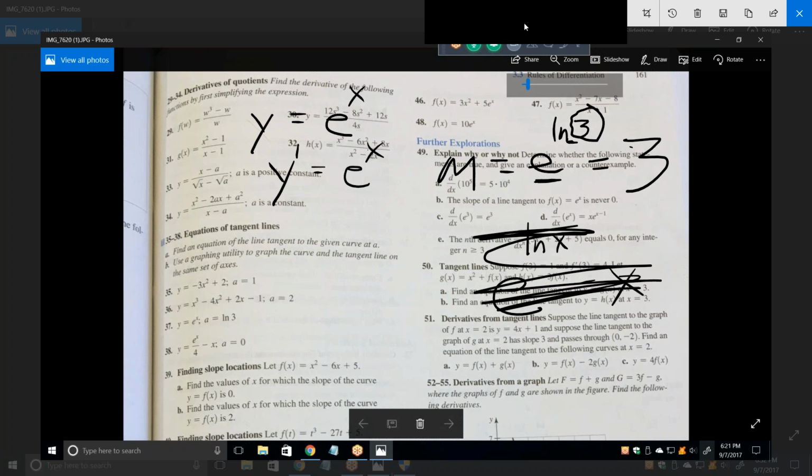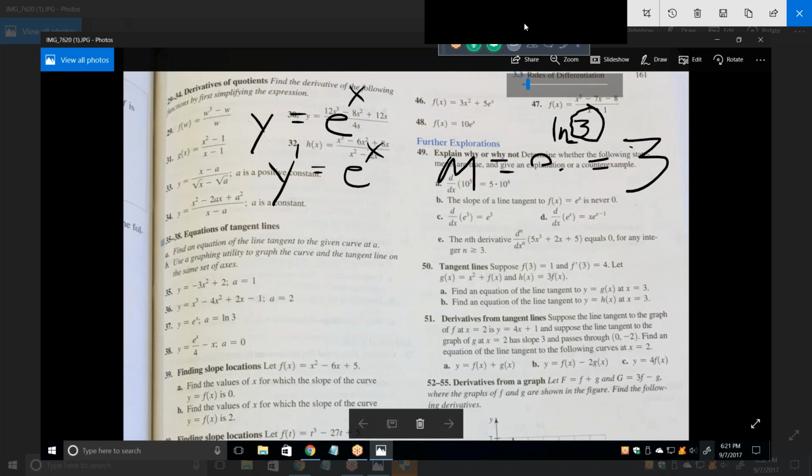Now, let's figure out our point. What is our point? Plug in the x value into the original equation. That could be the x point. So it'd be natural log of 3. No, it'd be 3. In other words, the y point is going to be e to the natural log of 3, and that is 3.